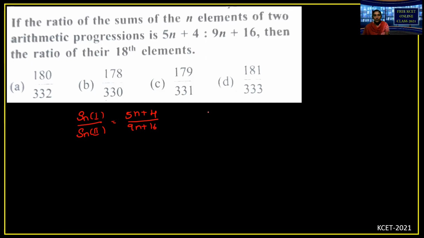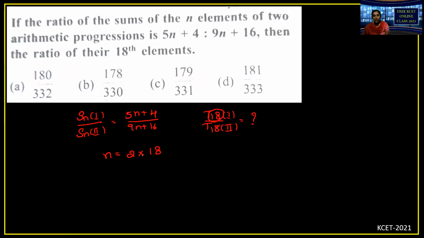Then I want to calculate the ratio of their 18th terms. So now I want to calculate the value of n. N is nothing but twice the required number of terms, minus 1. Required number of term is 18.